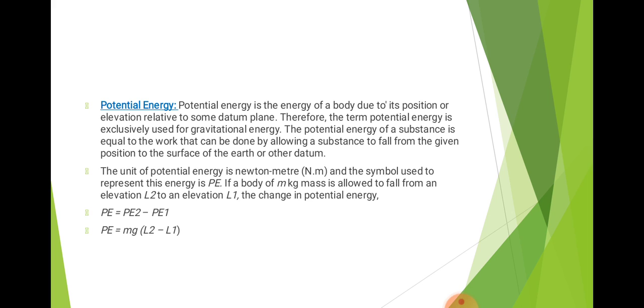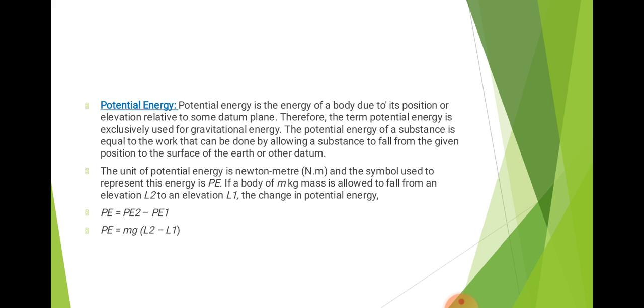If a body of m kg mass is allowed to fall from an elevation L2 to an elevation L1, we get the change in potential energy. So we represent it as ΔPE equal to PE2 minus PE1, meaning potential energy at elevation level 2 minus the potential energy at elevation level 1.